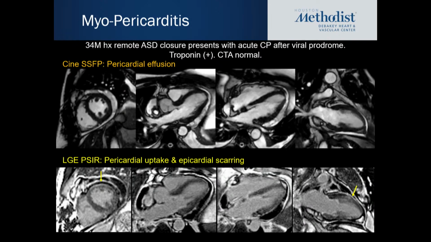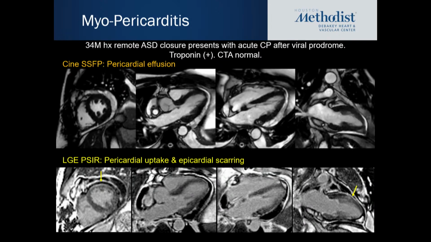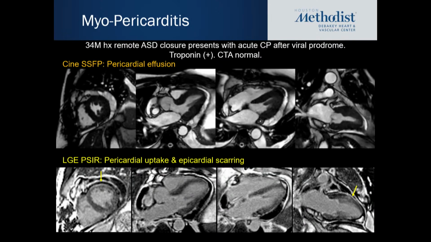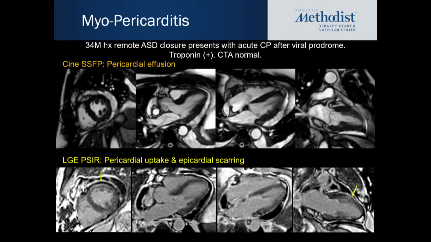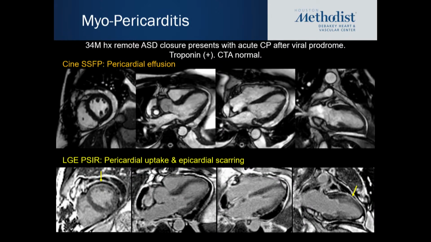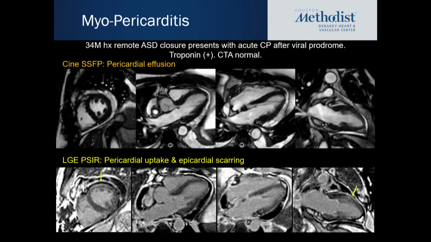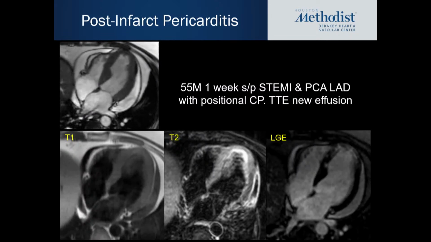But in this particular case, if you closely observe the myocardium, you'll also see patchy hyperenhancement of the anterior wall here on the short axis image, as well as the two-chamber view, showing us that this case was actually a case of myopericarditis.